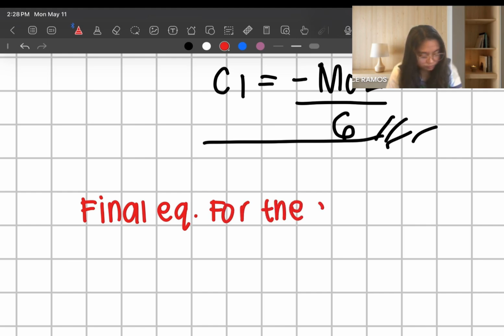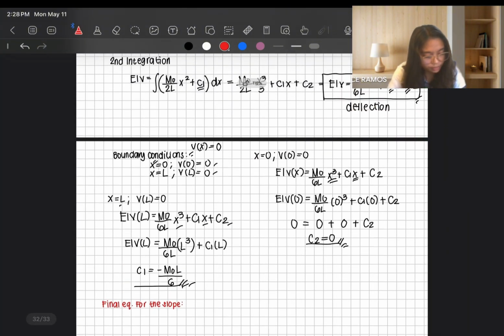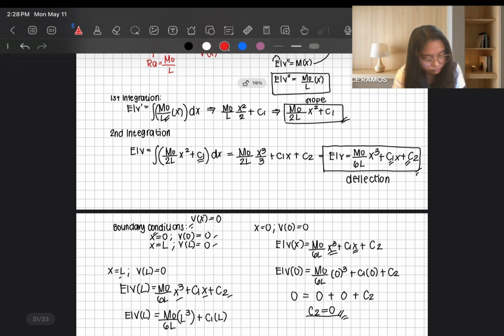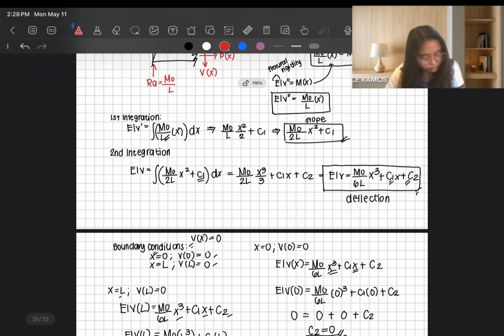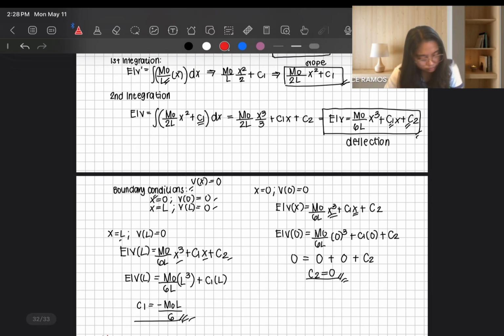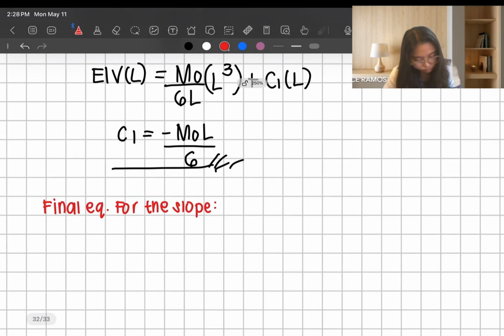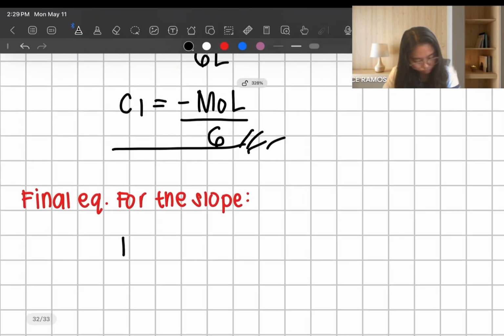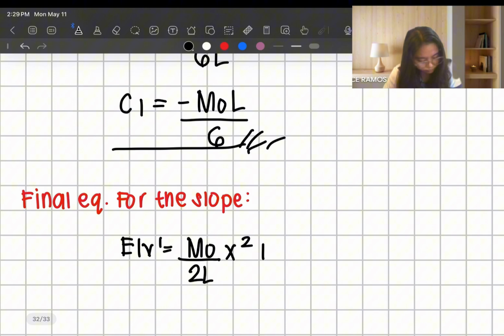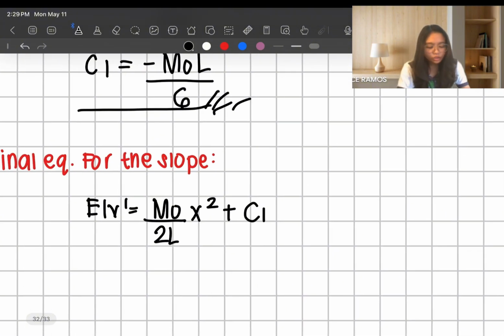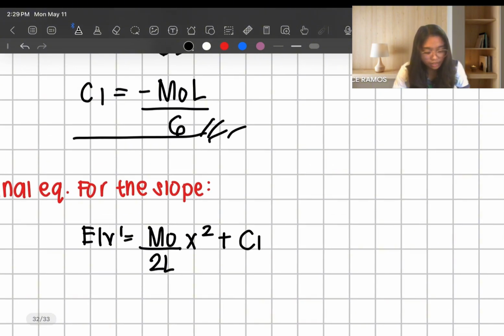for the slope. Ano nga pong equation natin sa slope kanina? Diba ito? So, kakopy lang natin ulit. Since nakuha na natin yung value ng ating c sub 1, is isa-substitute natin ito dito.